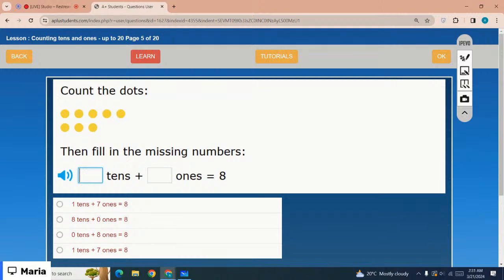Count the dots. Yes, there are only 8 dots. So that means you have 0 tens and 8 ones, right? The correct option is option number.